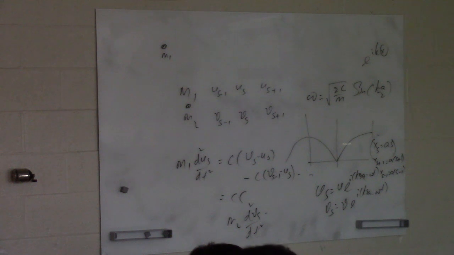The other value is the square root of 2C over M2. If M2 is smaller, this number is larger. So that's what it is here.